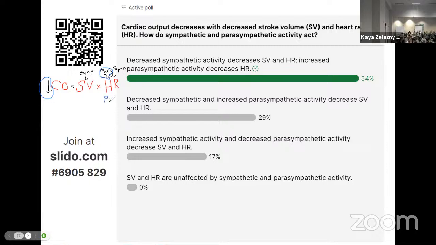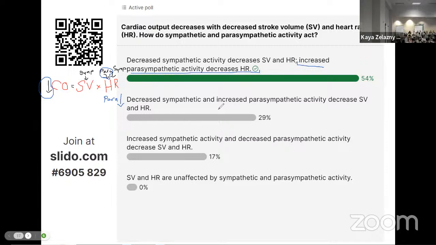Parasympathetics decrease heart rate. So an increase in parasympathetic activity decreases the heart rate.